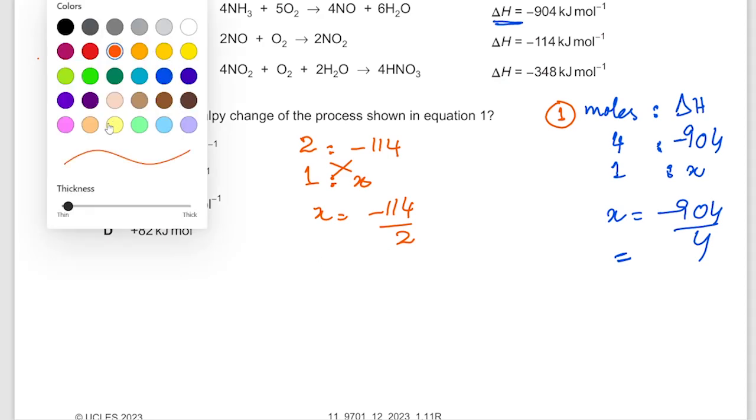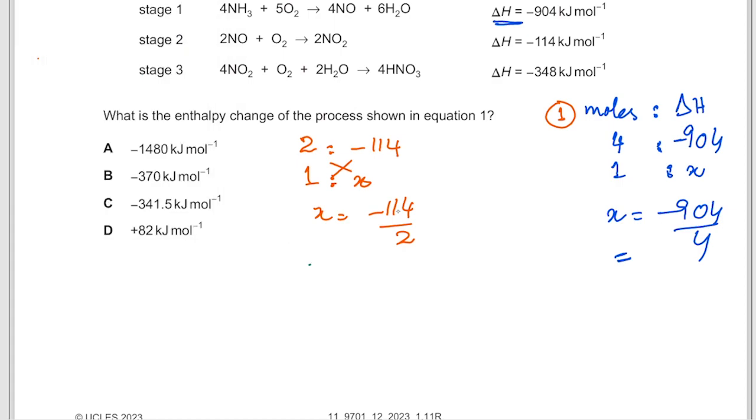In the third one, we have 4 moles produced, minus 348 kilojoule per mole. How much enthalpy change will there be in 1 mole? So what will be the answer, beta?